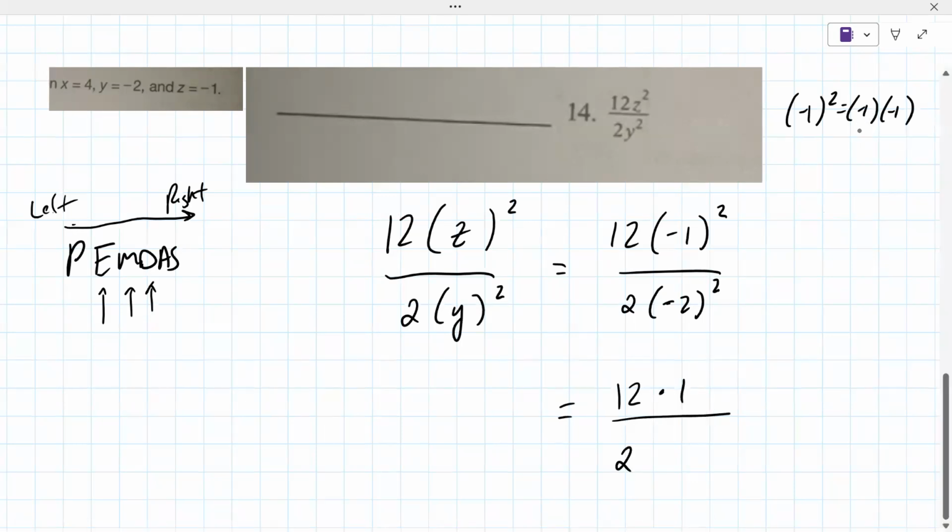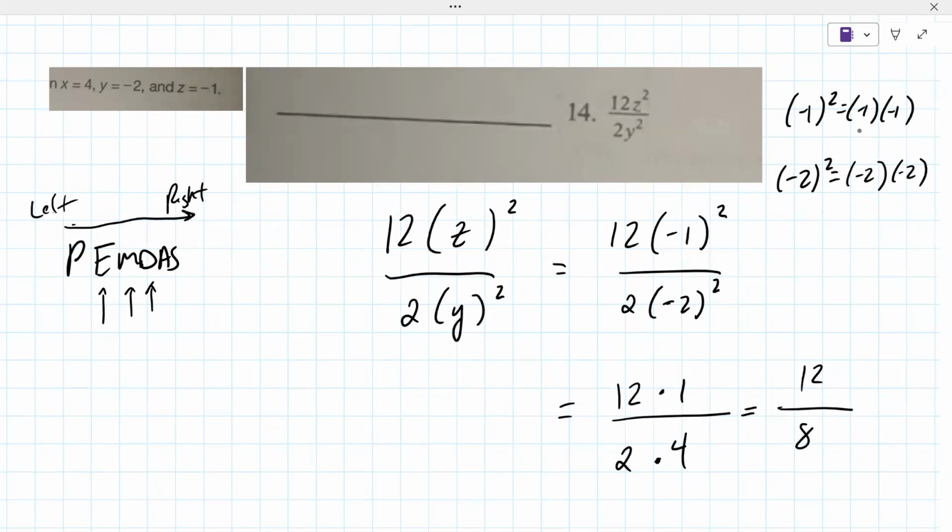Now on the bottom here, what is -2 squared? That'd be 4. What is 12 times 1 and what is 2 times 4? 12 and 8. And then these both reduce. You can divide them both by 2, and you can divide them by 2 again. You get 3/2.